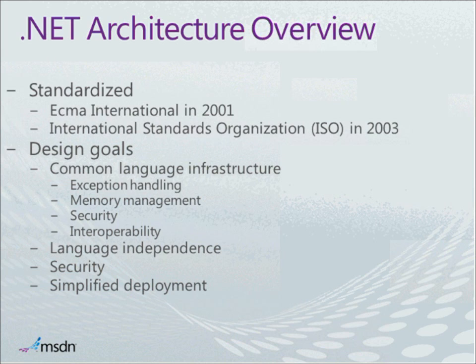What they ratified as a standard is actually what we call the CLI, the Common Language Infrastructure, as well as the C# language itself. This makes it available so that others can implement that, and we've actually seen the C# language and the CLI implemented on other platforms due to this release.